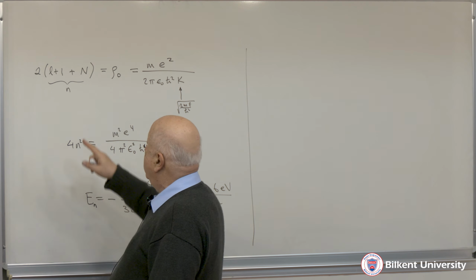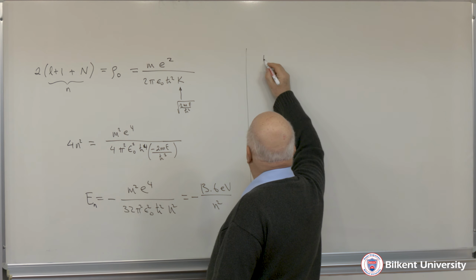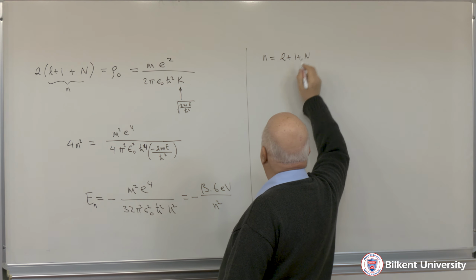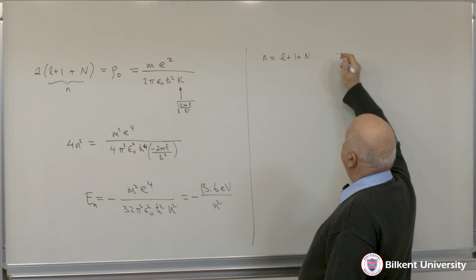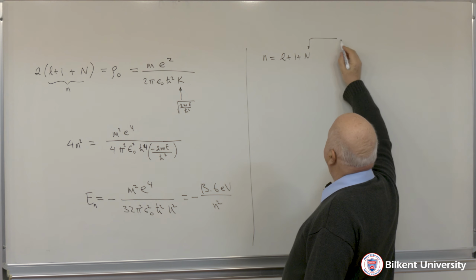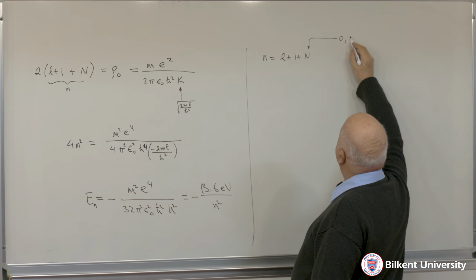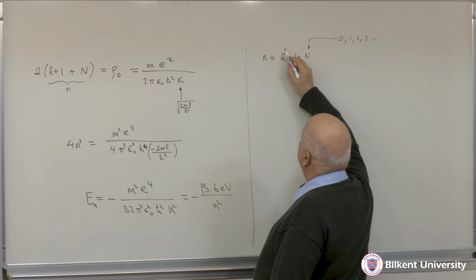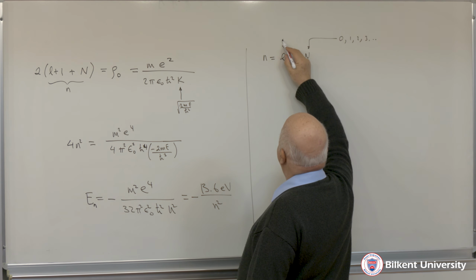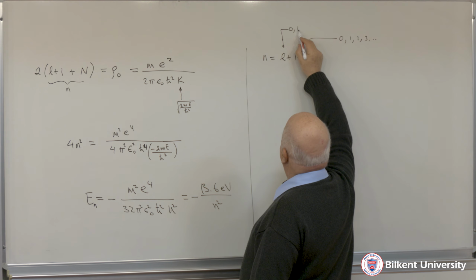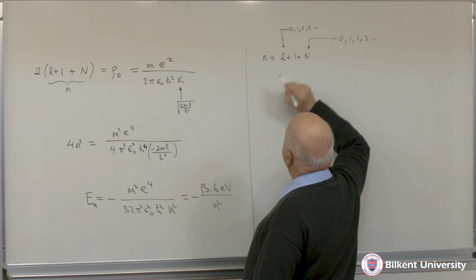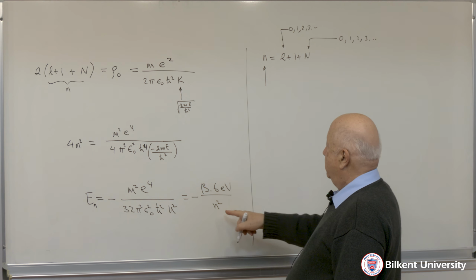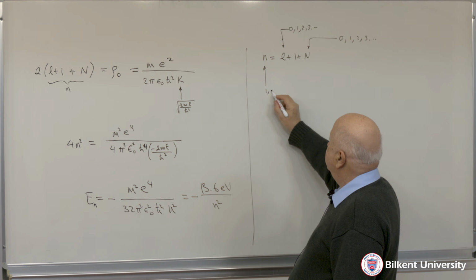So I have n equal to L plus 1 plus N. N is the order of the polynomial, so it can be a zero order polynomial, 1, 2, 3, etc. L, the angular momentum index, can also be 0, 1, 2, 3, etc. And n, small n, can be 1, 2, 3, etc.